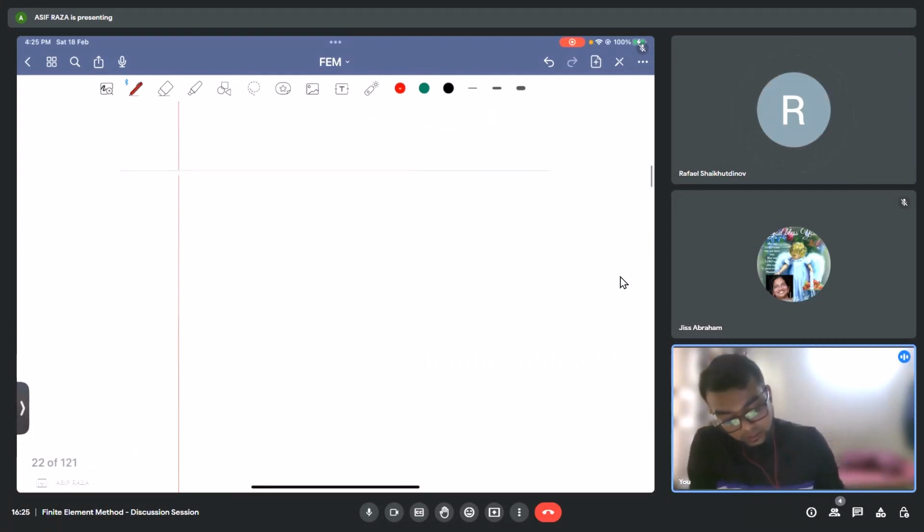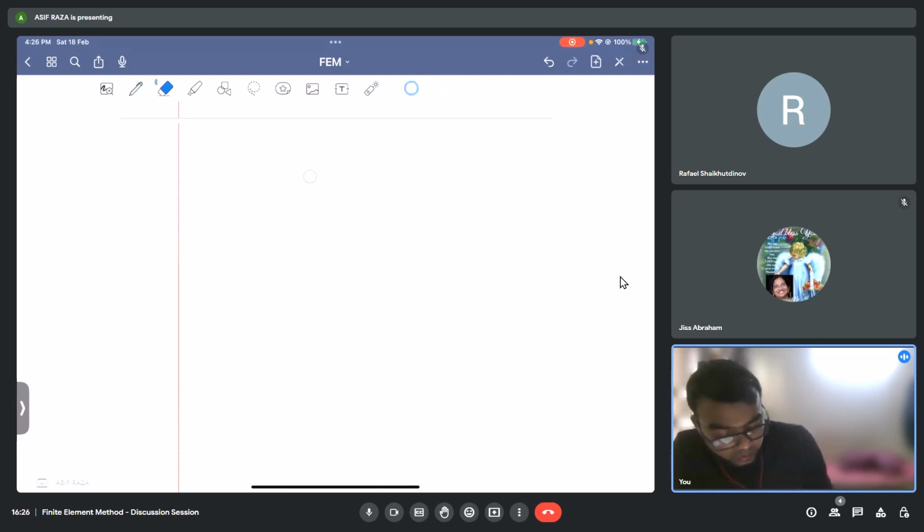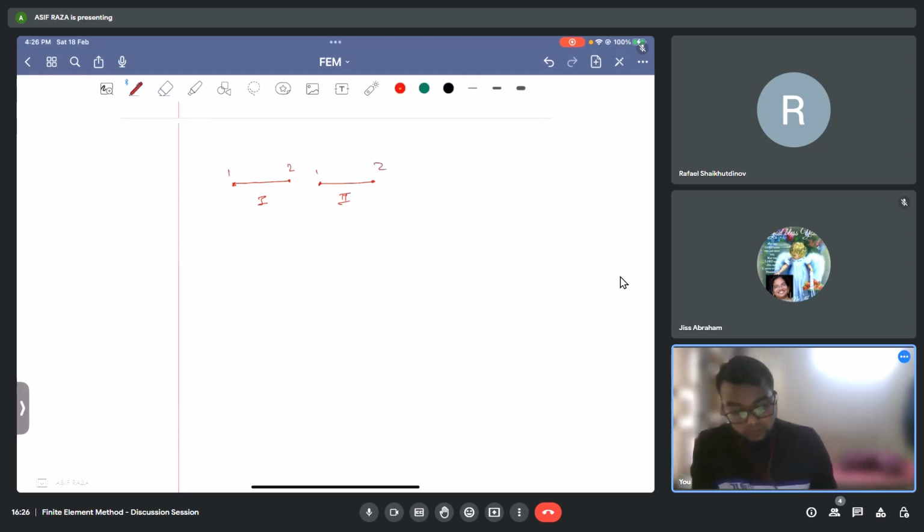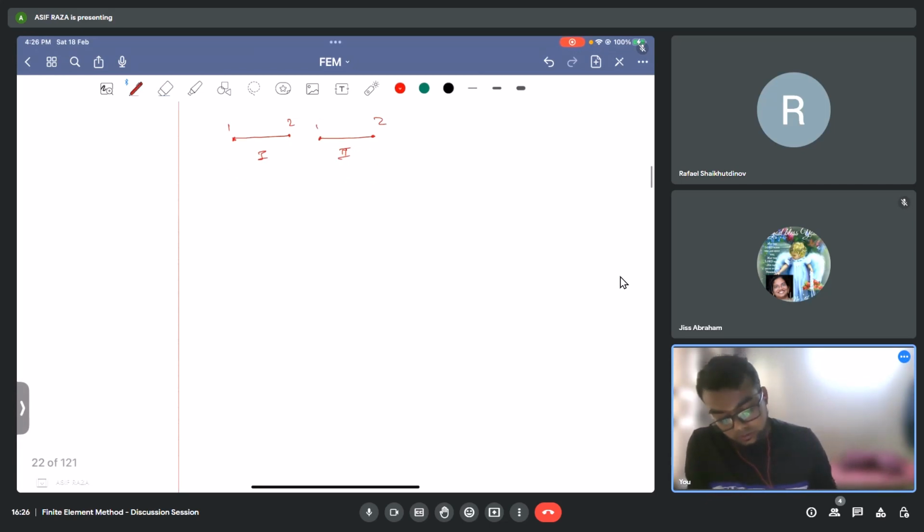So what I am saying is, uh, okay. So you asked. Let me confirm that what you are trying to ask is, suppose we have first element or second element, node 1, 2. This is 1, 2. Like for the first element, node 1, it's 2.